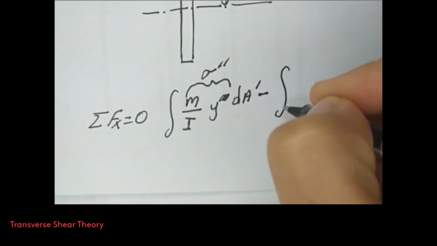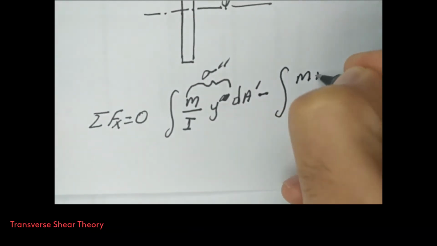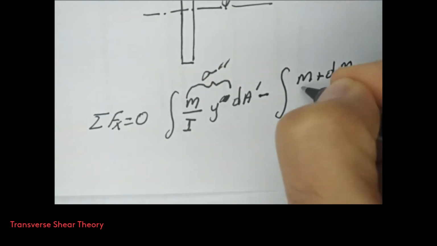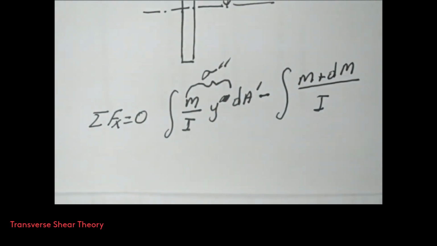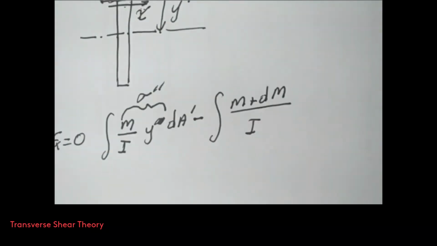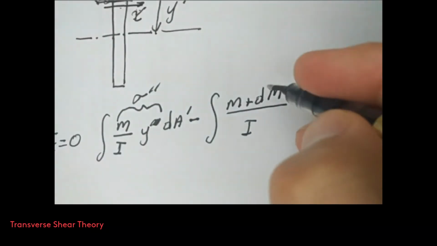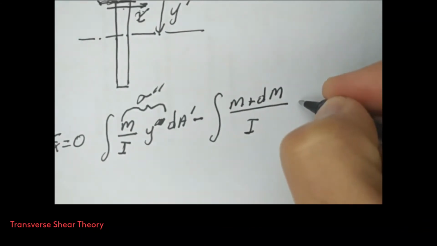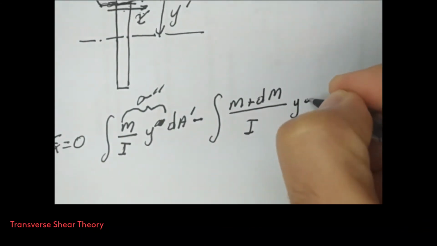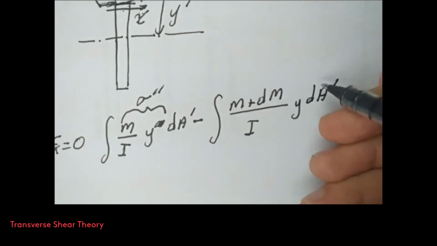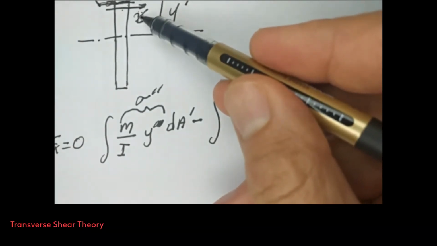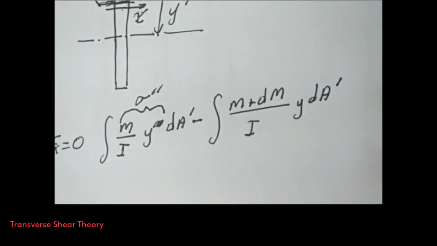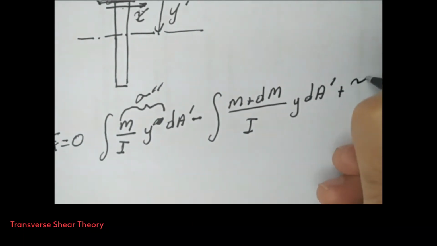minus M plus dM divided by I, the bending moment of inertia of the cross section of the beam at that particular location, multiplied by y, integrated over dA prime, and then the force generated by this tau, so plus tau.